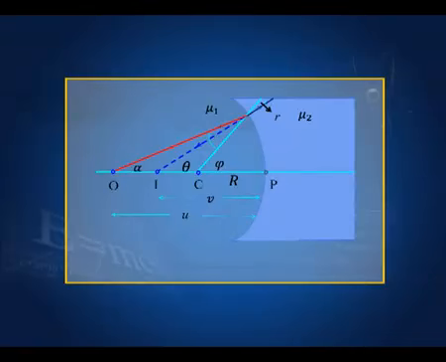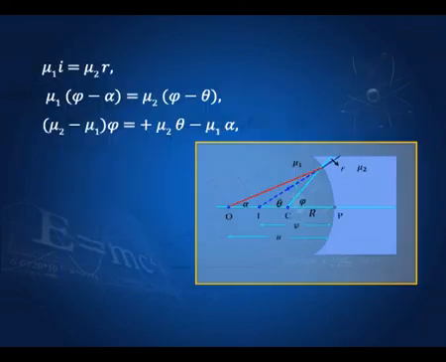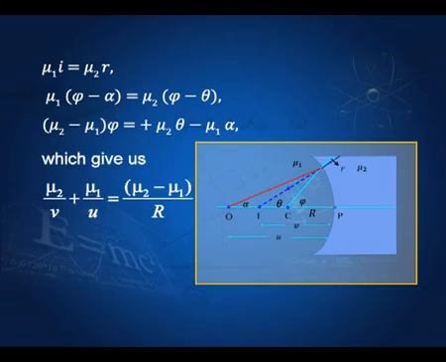Now, this is a concave surface and we shall get the same relation. So, mu 1 i equals mu 2 r, from this geometry i is phi minus alpha and r is phi minus theta, and therefore, rearrange terms and you get mu 2 by v minus mu 1 by u equal to this. And now, we shall make use of the convention, and we see v is negative, u is negative, r is negative.